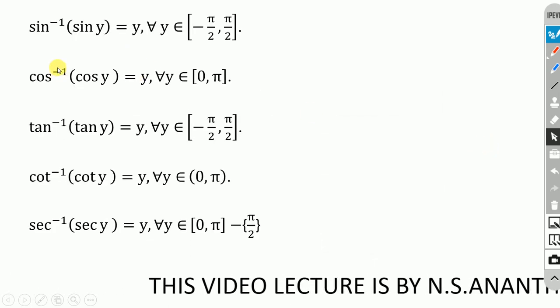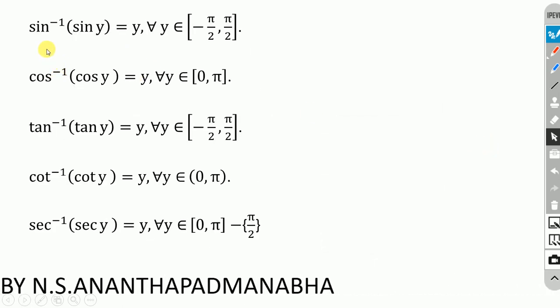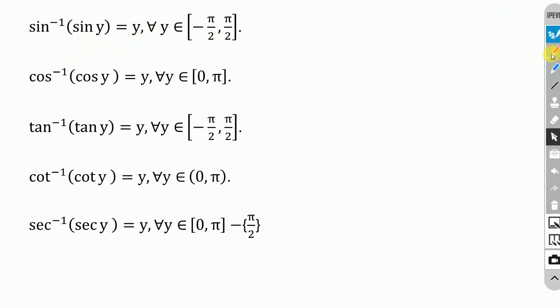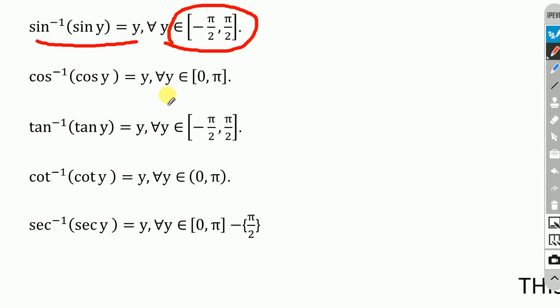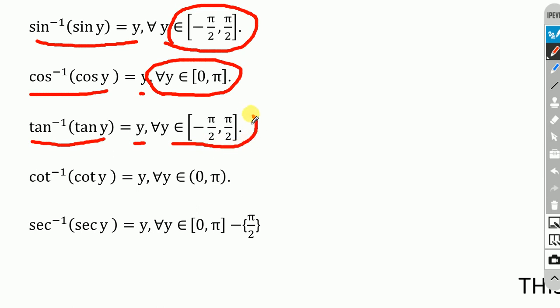Now we have this definition. Sine inverse of sine y equals y for all y belonging to the closed interval -pi/2 to +pi/2. Cos inverse of cos y equals y for all y belonging to the closed interval 0 to pi. Tan inverse of tan y equals y for all y belonging to the interval -pi/2 to +pi/2.